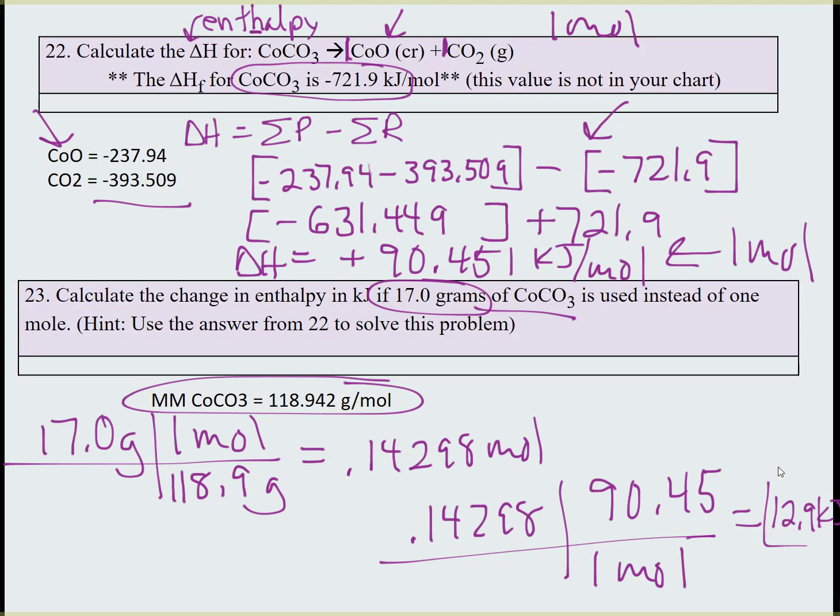So again, with that 17 grams, it's just a portion of a mole. So 1 mole would be 118.9. So I'm only going to have a portion of the energy. So the quantity you have, it depends on how much energy. So the greater the quantity, then the more energy is required or will be released.